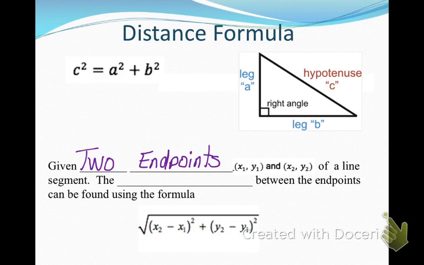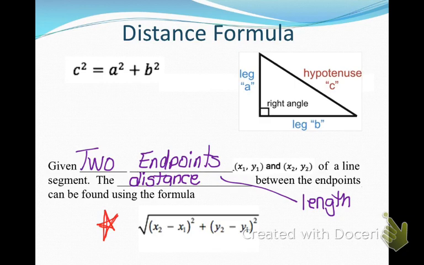Given 2 endpoints of a line segment, x1, y1, and x2, y2, the distance between the endpoints can be found, and remember that distance means length, using this formula. And we call this the distance formula. You are going to need to memorize this formula, but at the same time, if you forget it, I'll give it to you, always.